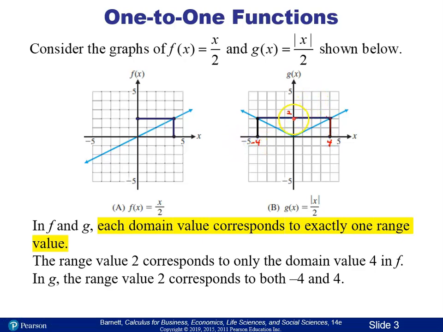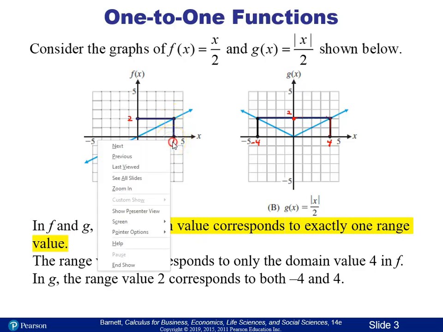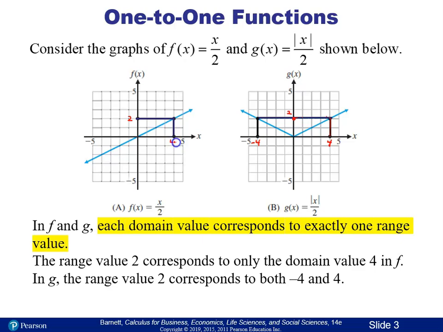Because of that, it would not be considered one-to-one, and therefore it would not have an inverse. If we look at this one here, though, 2 only has one x value that corresponds with it, and so it would be one-to-one, and it would therefore have an inverse.